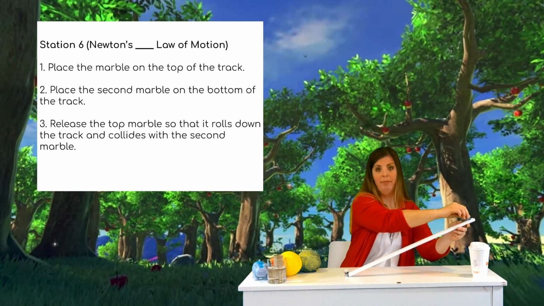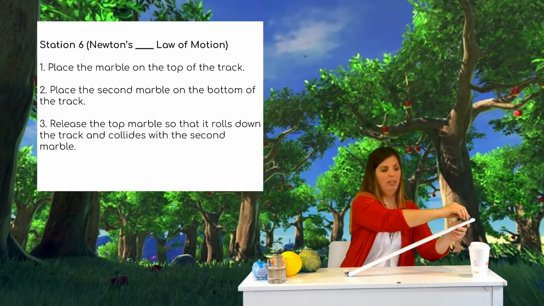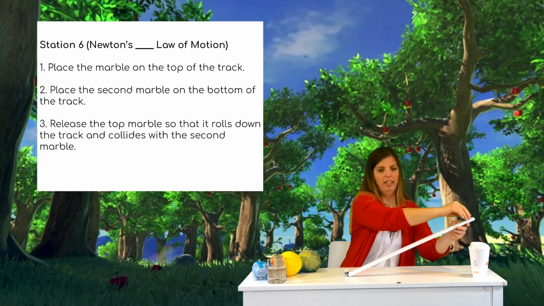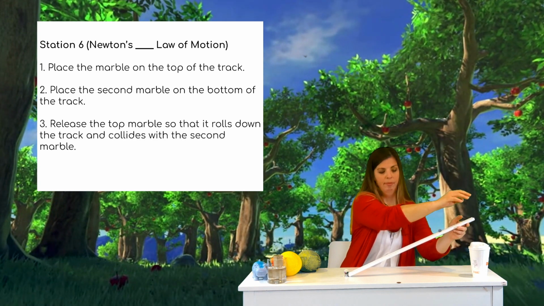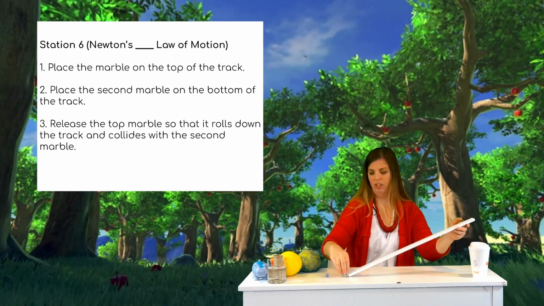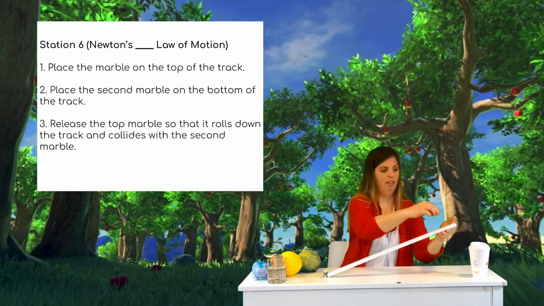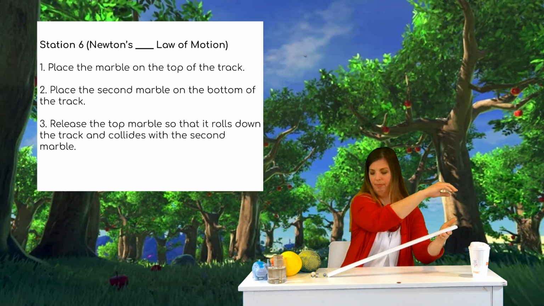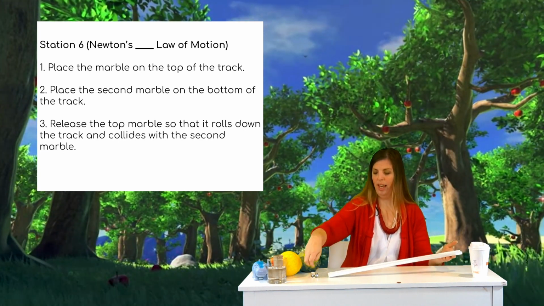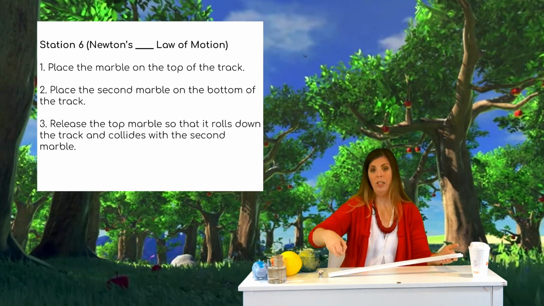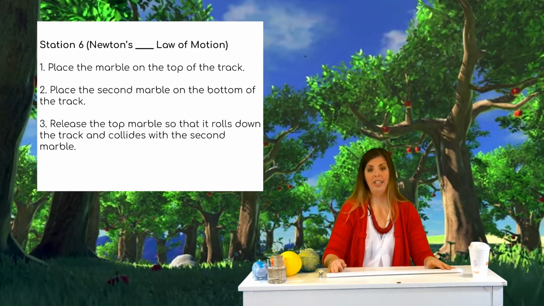What do we think will happen? All right, release the top marble and let it collide with the second marble. Ooh, good. Let's do that one more time. Okay. Please tell me which of the 3 laws of Isaac Newton this station applies to.